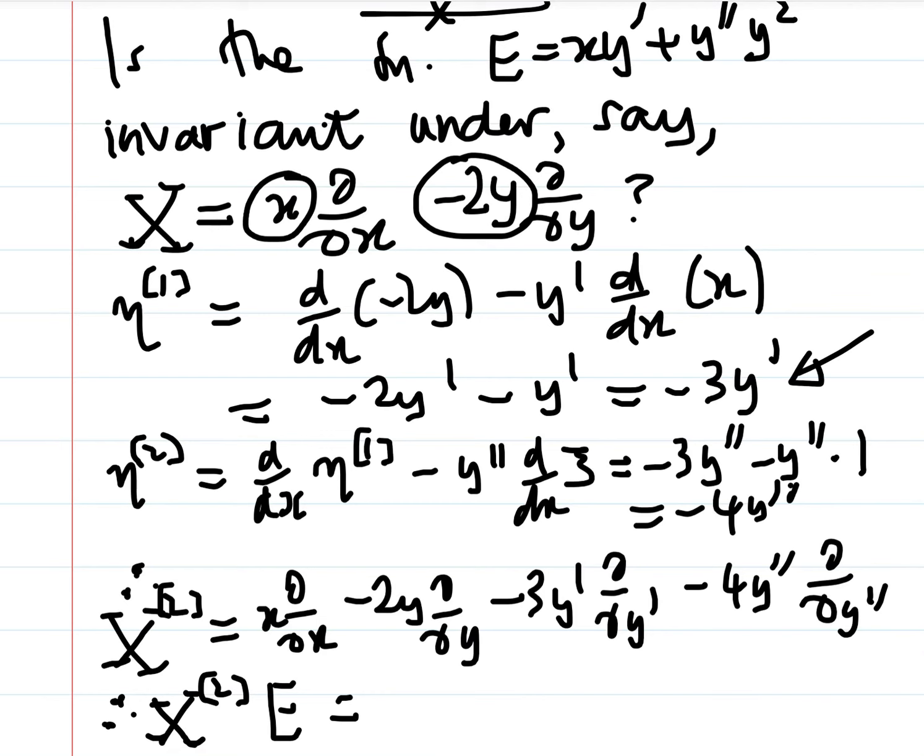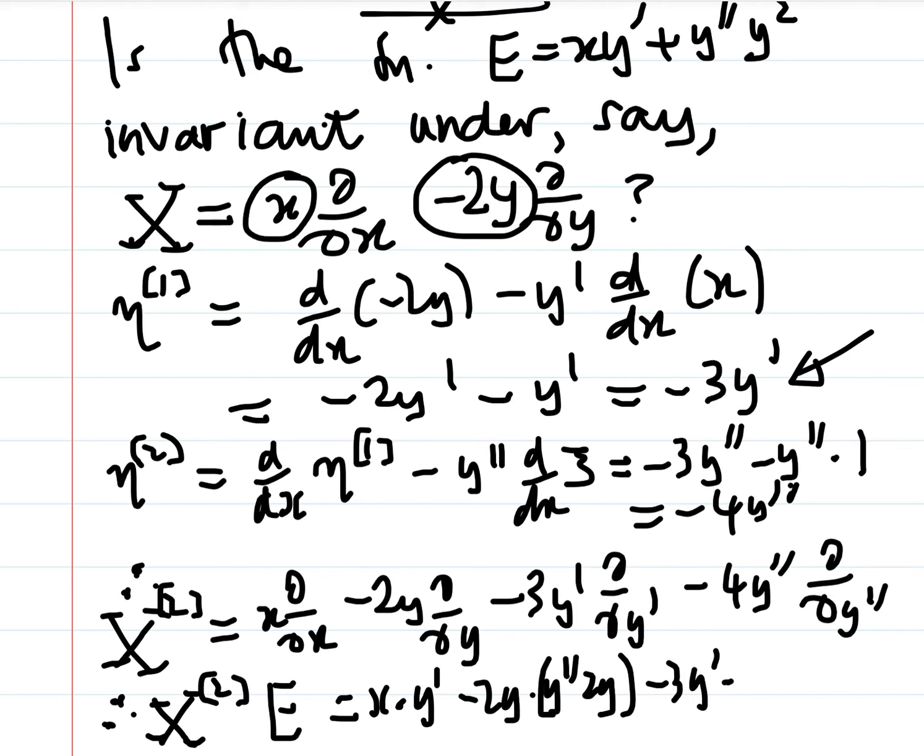So there is e. So we have, this is first of all x times the derivative of e with respect to x, we had this before, is y dashed, minus 2y. The derivative of e with respect to y is y double dashed times 2y minus 3y dashed.